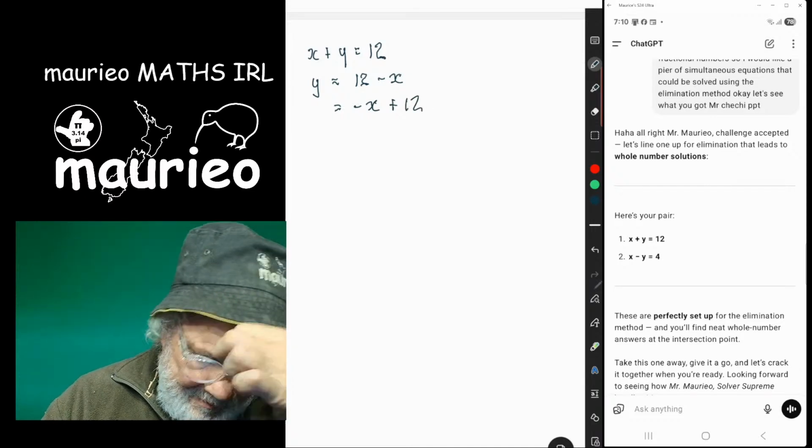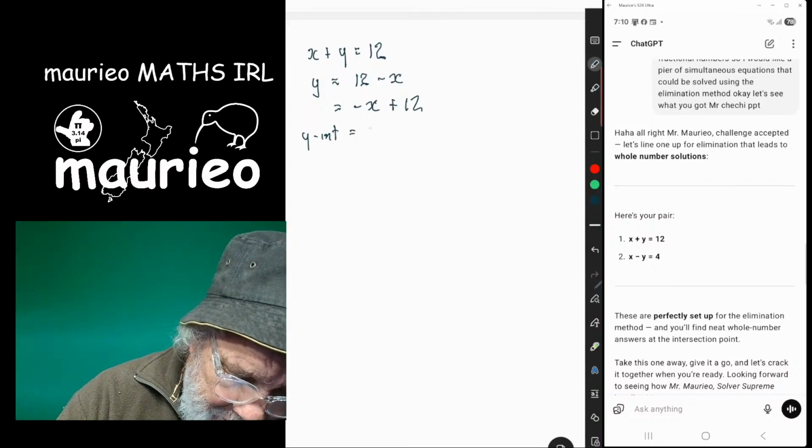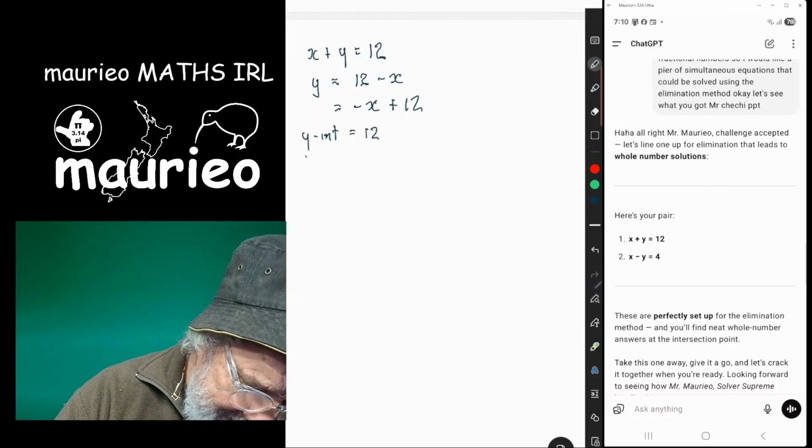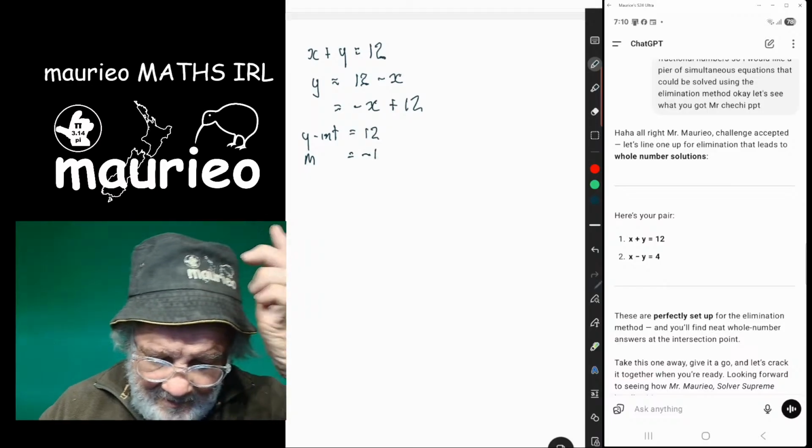So the y-intercept, which is equal to c, is 12, and m, the gradient, is negative 1.